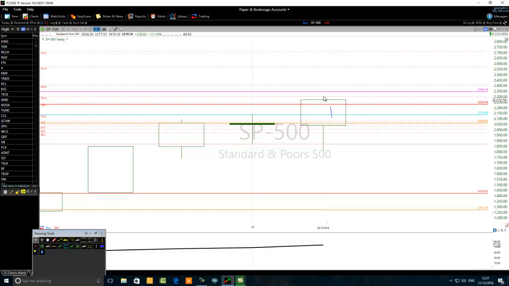Apart from that key level, there is another level that I call out here, the pink one, 2344. If you are buying above the 161.8% Fibonacci extension level and the price is going up, if it reaches 2344, know that there is another resistance there.